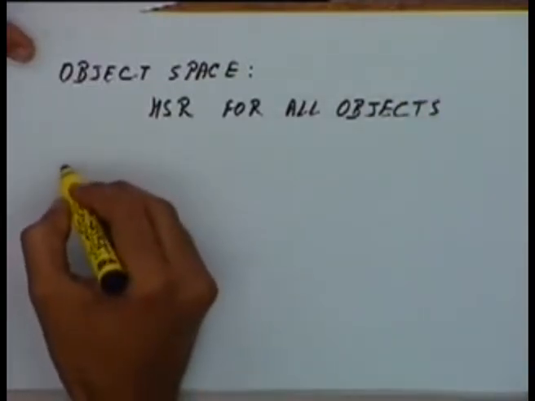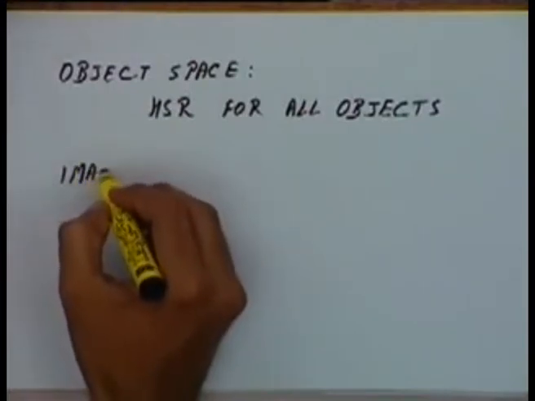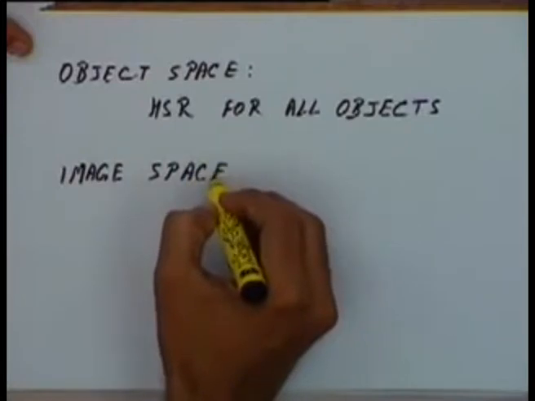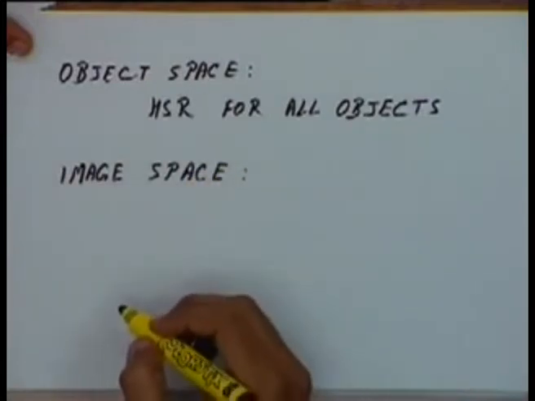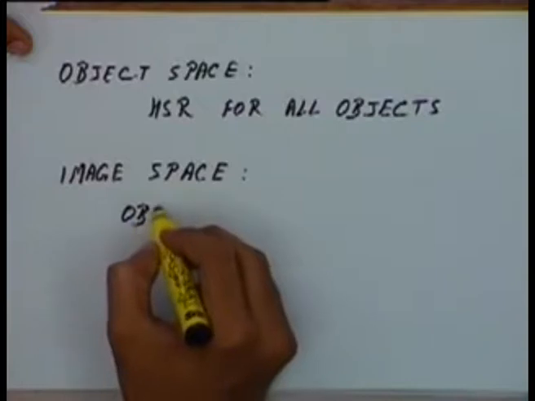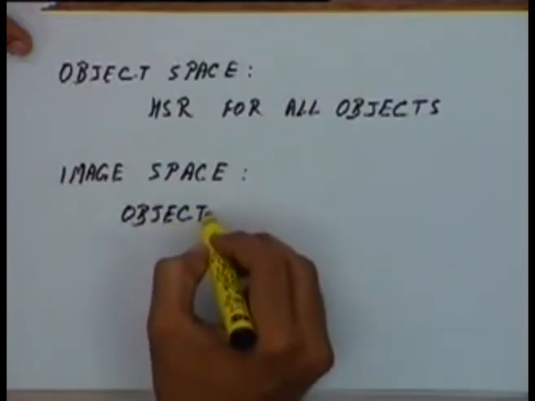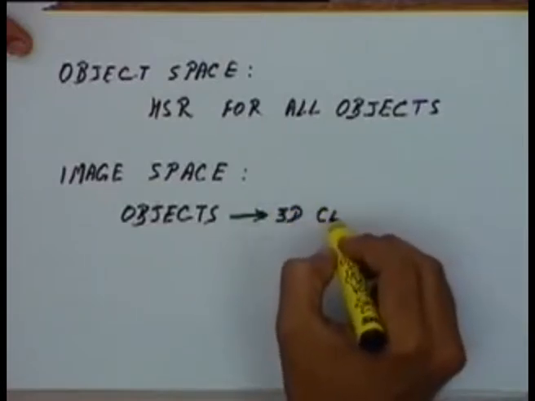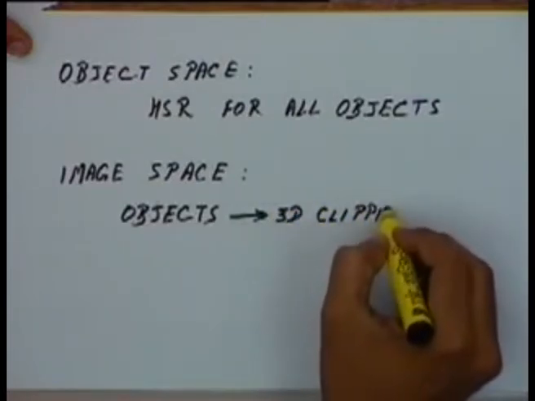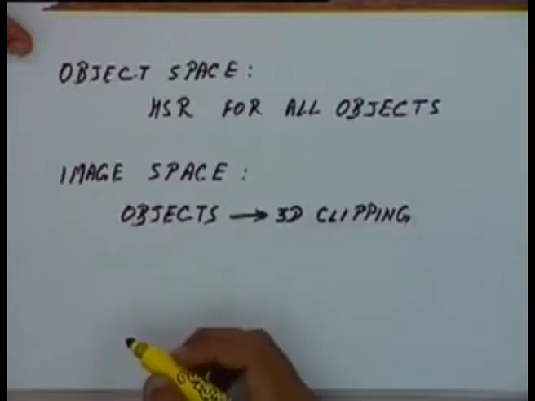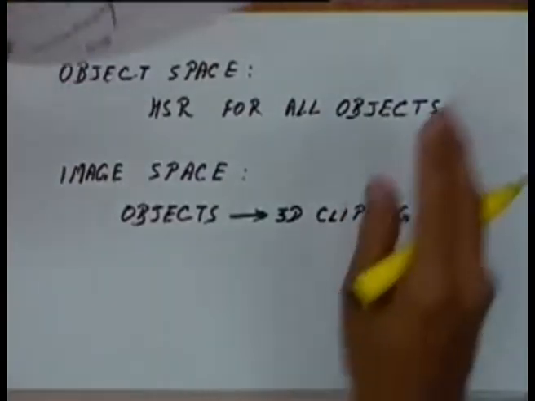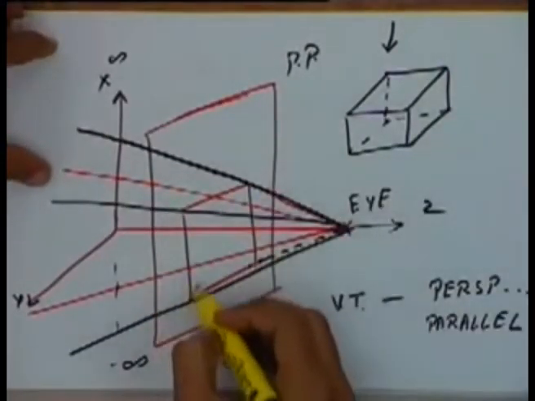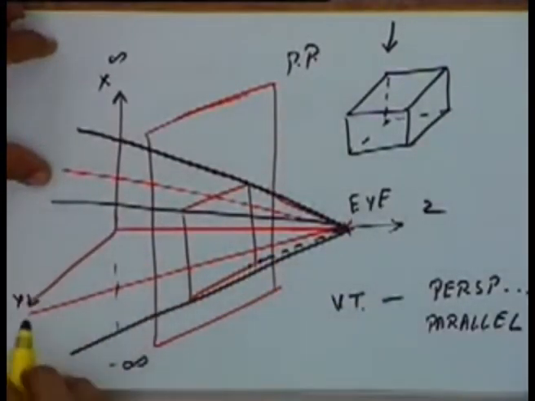While an algorithm operating in image space will take the objects, these objects will undergo a process of 3D clipping. 3D clipping means only objects inside this clipping volume will be displayed.